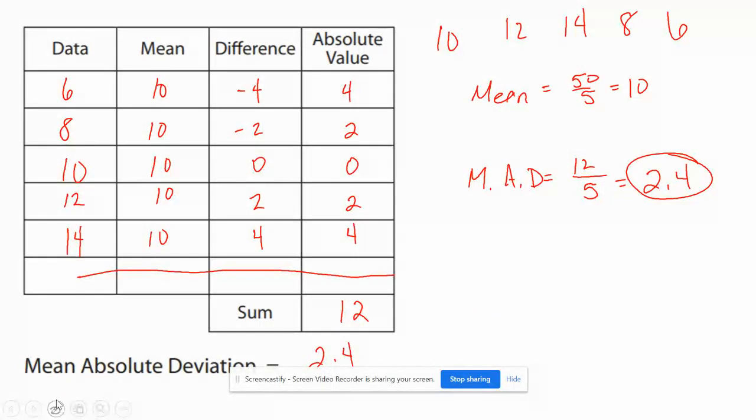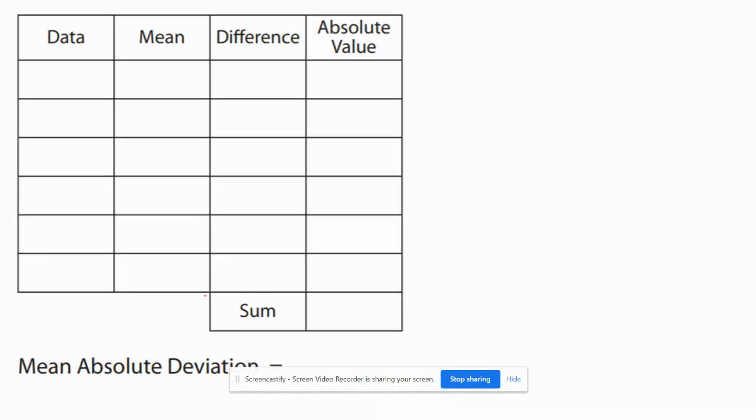All right, let's do another one. And you can rewind it, of course, since it's a video. Let's see, data, let me give some numbers. Let's say 2, 4, 6, 7, 8, and 12. Okay. Now, if I add all of these numbers up, I should get 39.